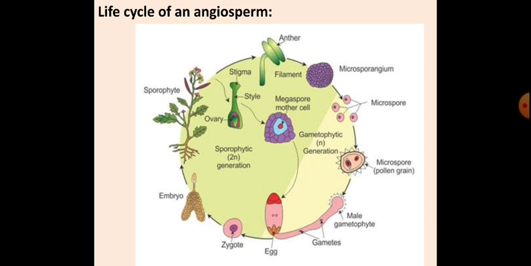Pollen grains are carried by wind or water or by biotic agents. Different animals that come in search of nectar from flowers, bumblebees, different types of butterflies, different animals, beetles. These are all pollinating agents.